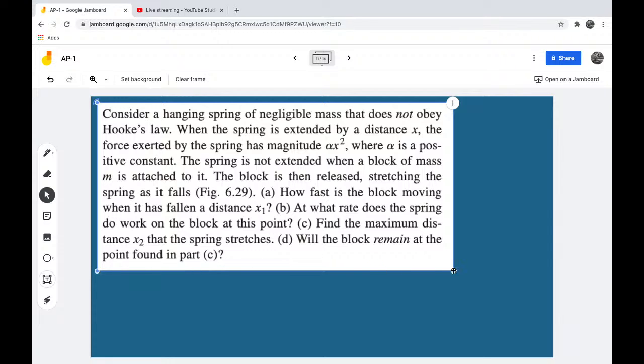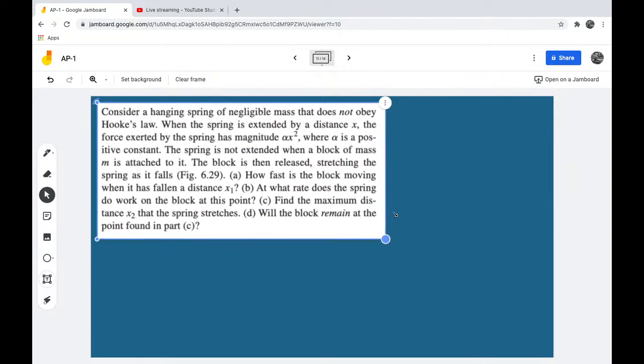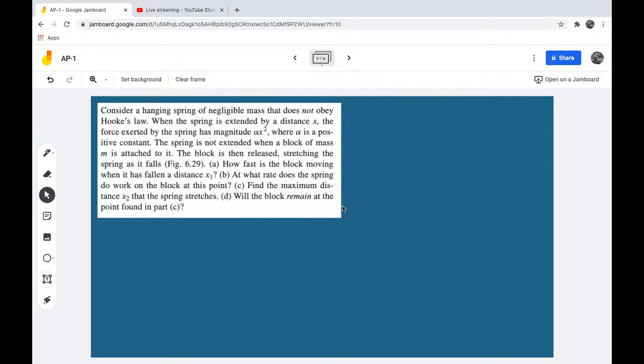So we have a system where a hanging spring is given. I can draw some simple sketches. Remember, sketches are very important in your problem practice. All you need to do is draw some rough sketches.